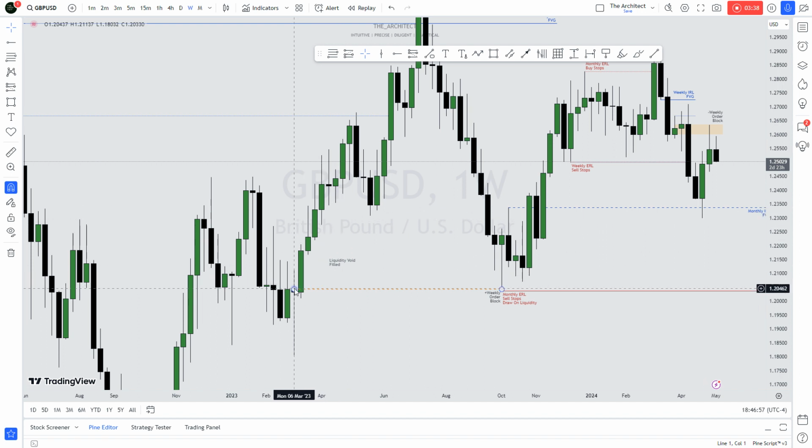Now, what a liquidity void is, essentially, is this. Note this last bearish candle over here, right? Right after that, you've got about 1, 2, 3, 4 bullish candles, and only after that you've got a bearish candle. The difference between this bearish candle and that bearish candle is the fact that you only got one-sided delivery, right?